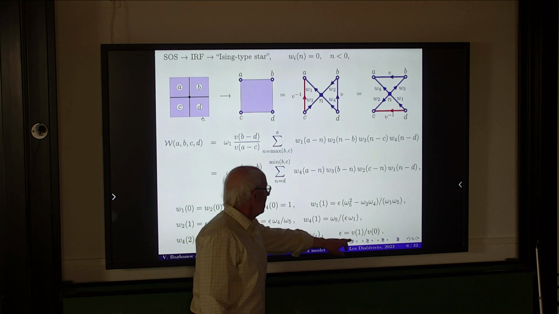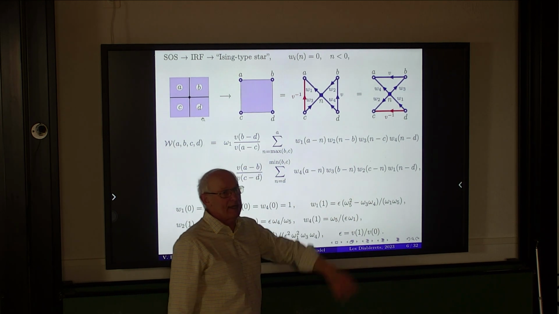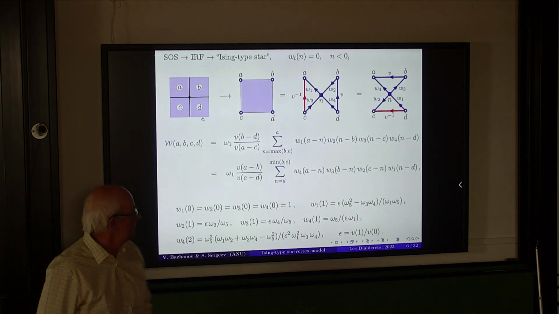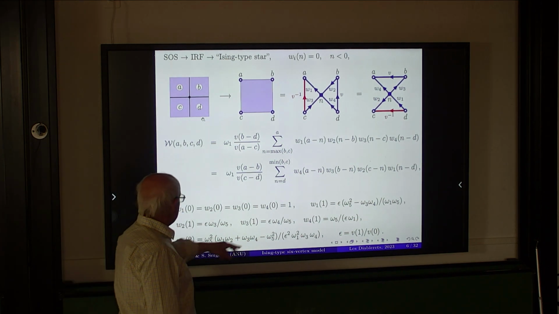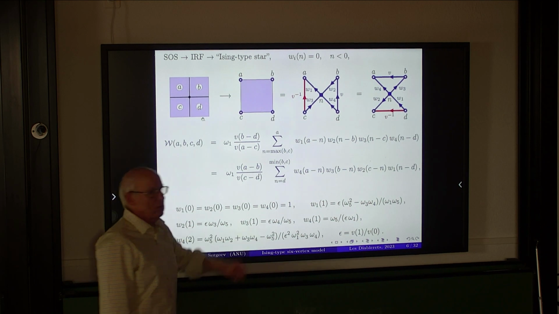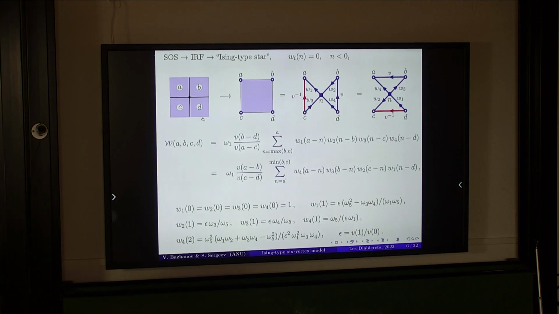But they appear here. So more or less they are arbitrary. But the ratio goes in the expression. So that's it. So we have reformulated the 6-vertex model as an Ising type.